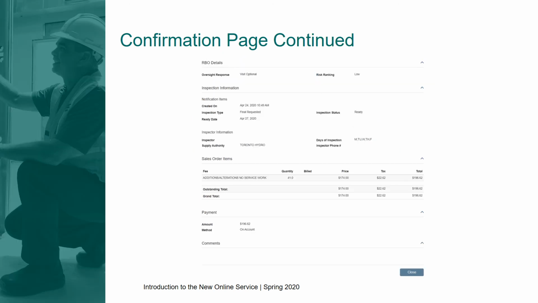The bottom of the confirmation screen shows the inspection information, inspector assigned, and the fees associated with the notification. If everything looks right, you can now click Close and return to the main screen.